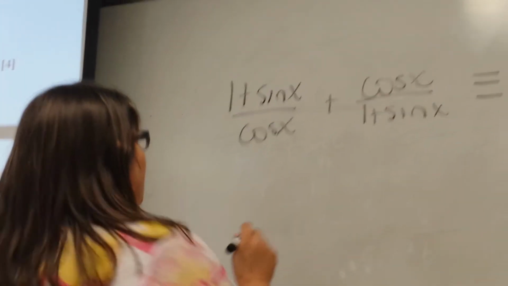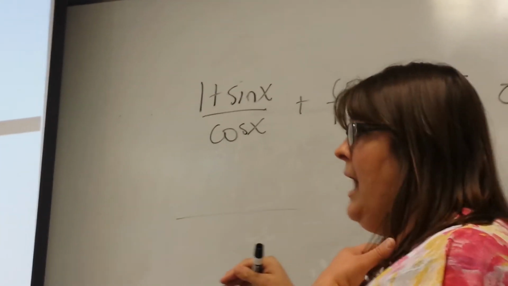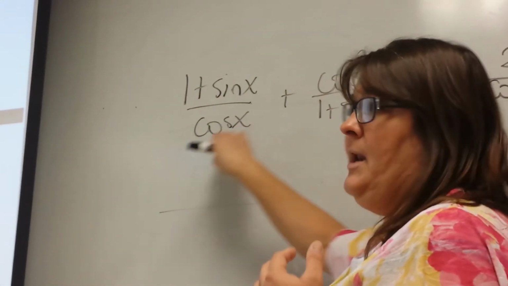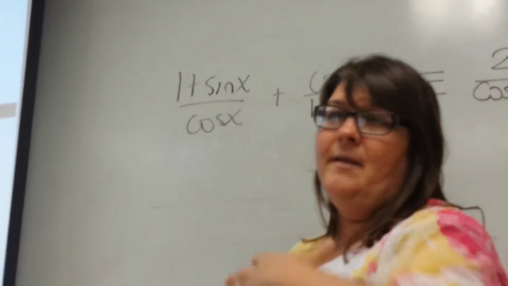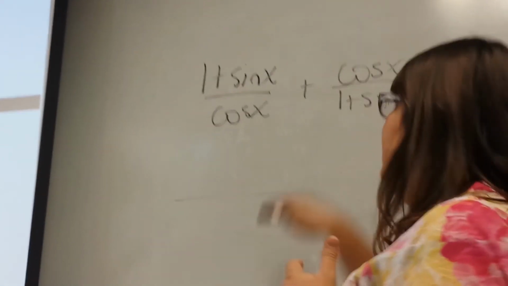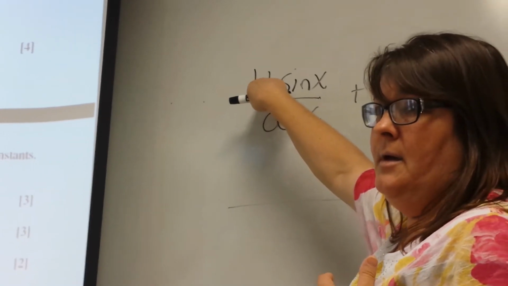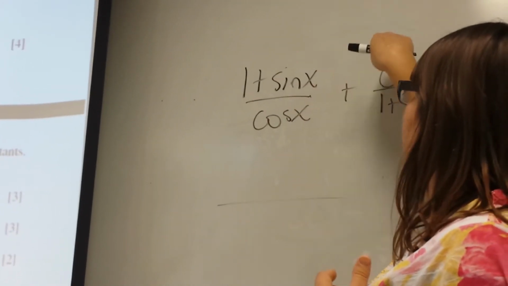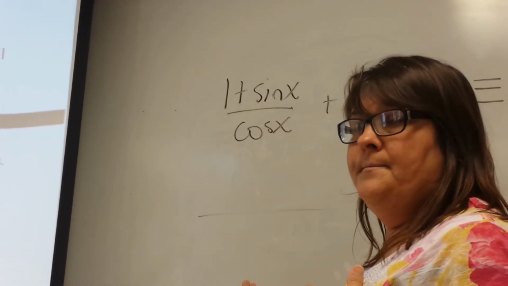The way my brain works, if it matters, I do what I call cross multiply. I take this denominator and multiply it by the numerator up here. I take this denominator and multiply it by this one up here. And then I just put the 2 denominators together on the bottom.